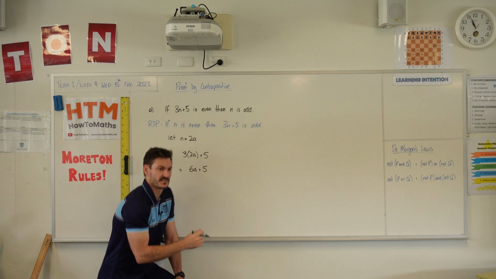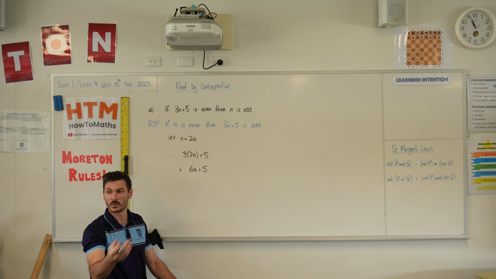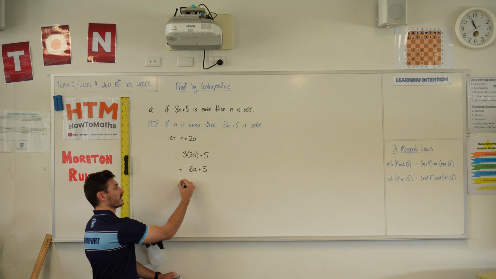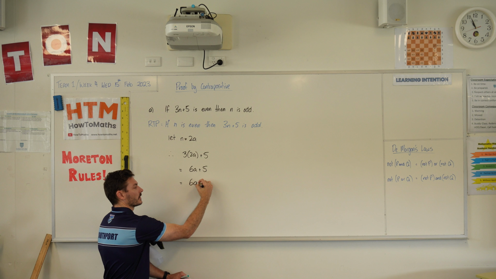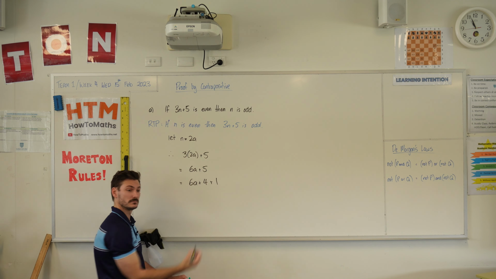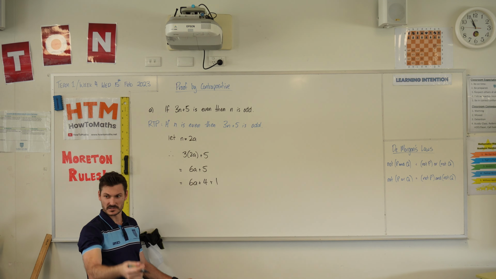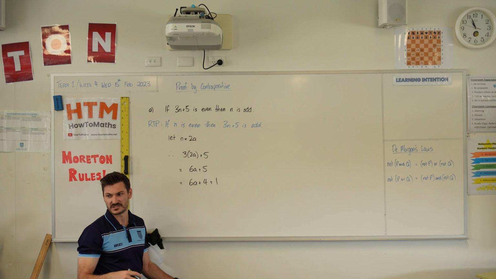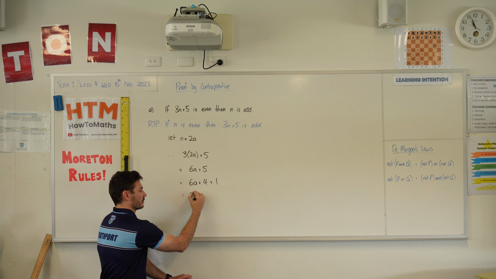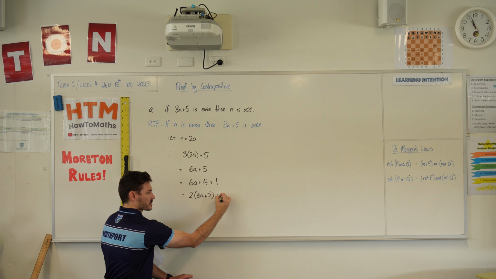We want this to be an odd number, so we want plus 1 at the end. So I'm going to simplify this first into 6a plus 4 plus 1. There's my plus 1 at the end. Then I'll factorize out 2, so I get 2 lots of 3a plus 2, plus 1.